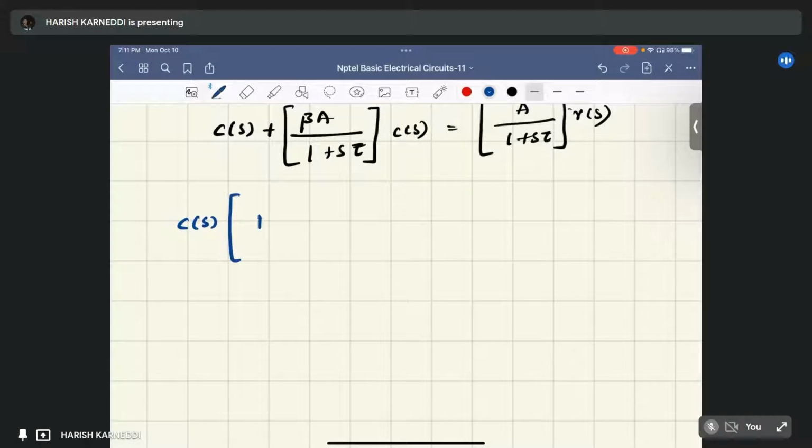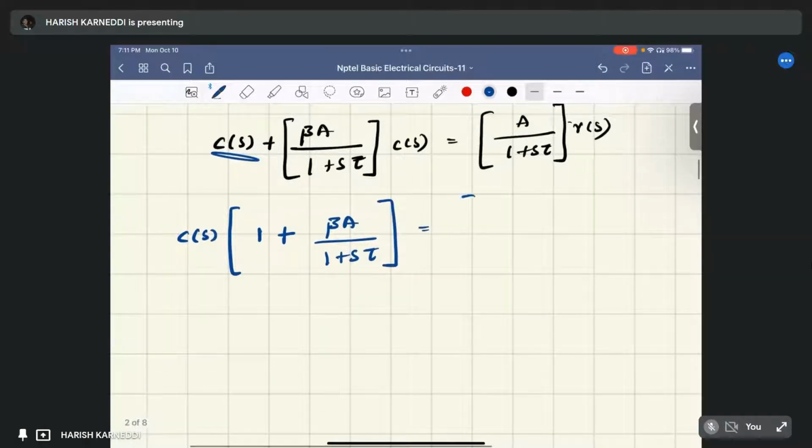Then here it will be 1, because only the C of S term was there. So it will be 1 plus beta A by 1 plus S tau.